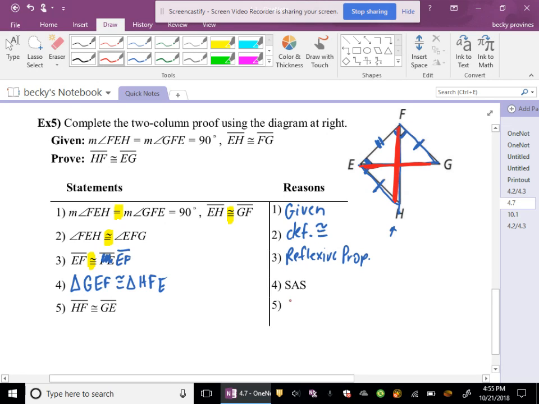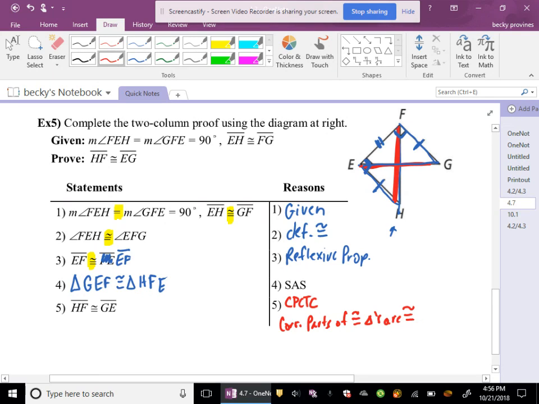So what we're going to do is we're going to write CPCTC. Now this is shorthand for corresponding parts of congruent triangles are congruent. Let's break this down. Are the parts corresponding that we were talking about in step 5? Yes. Are they of congruent triangles? Yes. Then they are congruent.